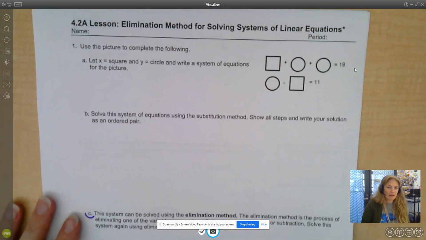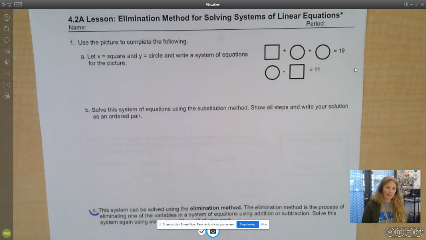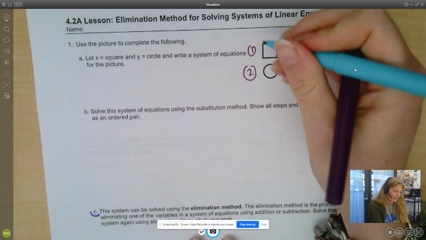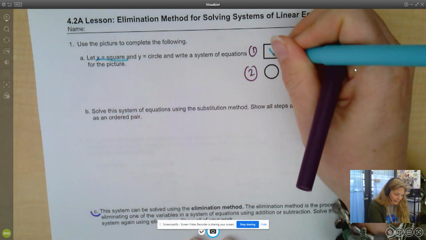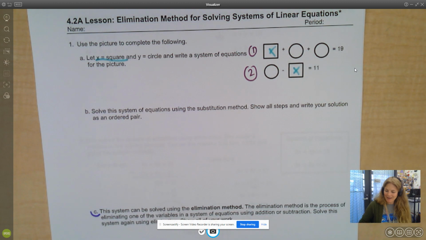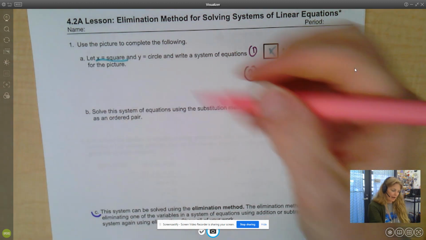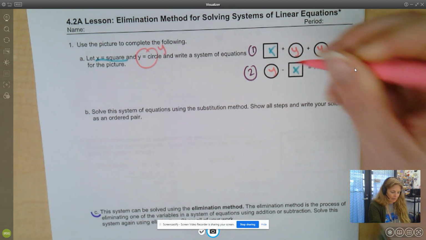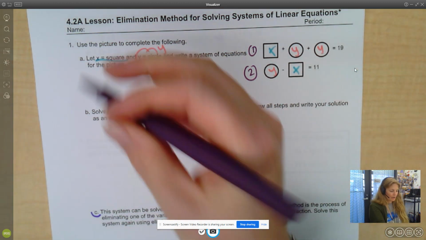So let's get started. Problem number 1, we are using the picture to complete the following. It says let x equal square and y equal circle, and write the system of equations. So I'm going to label these as 1 and 2. I'm going to label my squares as x and my circles as y, and write my two equations.